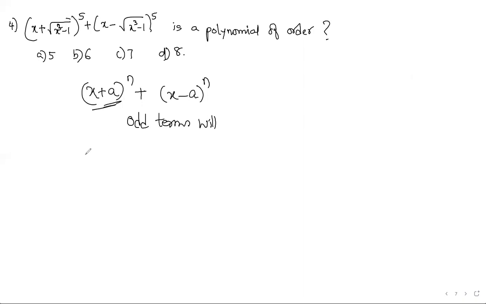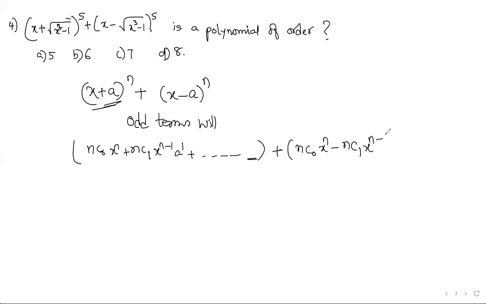Suppose we expand this, it's nC0 x power n plus nC1 x power n minus 1 into a power 1 plus and so on, up to the nth term. And (x minus a) whole power n will be nC0 into x power n minus nC1 into x power n minus 1 into a plus nC2 into x power n minus 2 into a square plus and so on, up to the (n plus 1)th term.